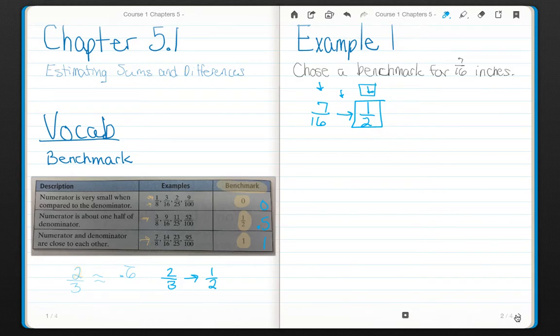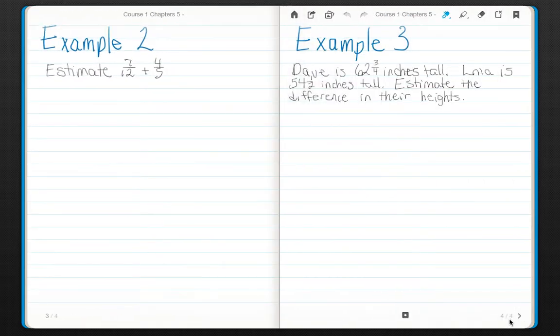Okay? Example 2. Estimate 7/12 plus 4/5. So again, you must write the original problem, 7/12 plus 4/5. I'm going to round both of these. So 7/12, half of 12 is 6, and 7 is close to 6.